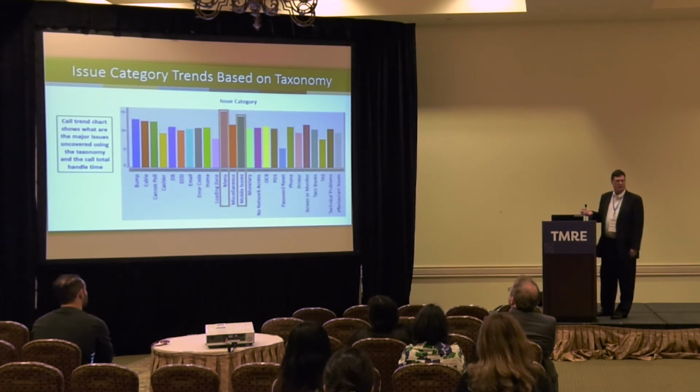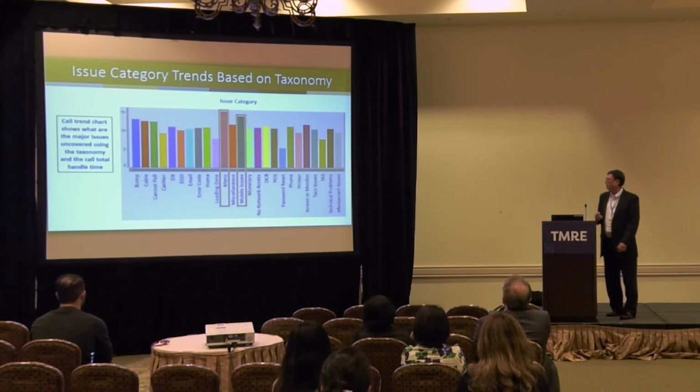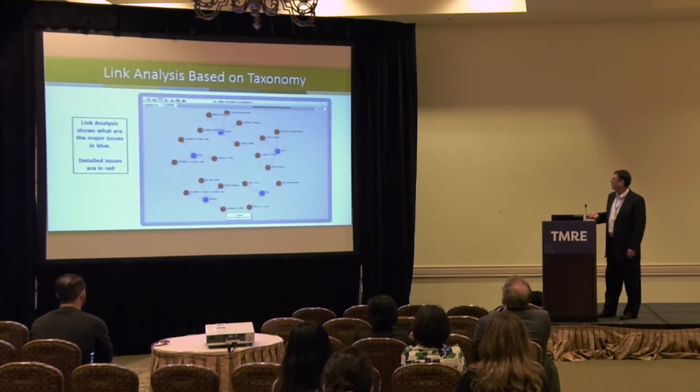They had no idea that they had a mobile issue going on in the field because they were getting so many calls, but it was buried in the text in these open-ended fields. Once we saw this, it was like, oh my God, there is something going on. So we could click through and figure out what it was, but we didn't have those in the hard-coded categories that the analysts would choose on their drop-down menu. So that was very enlightening.